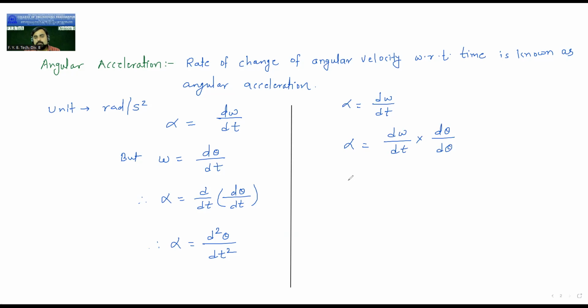Now d theta by dt is nothing but omega. So I will write omega, d omega as it is, divided by d theta. There you took v ds upon dt, a is equal to, here alpha is equal to omega d omega upon d theta. Same relations are there, just there is a difference of notation.